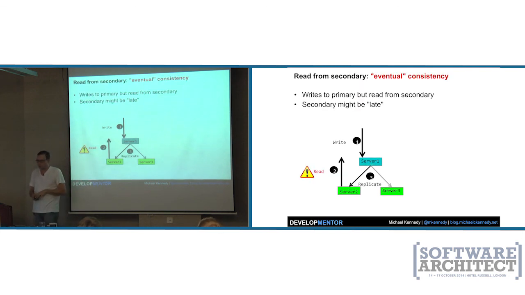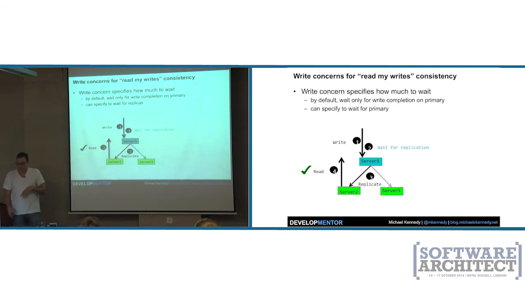If you turn it to read from secondary and you don't do anything else, you might write here and then immediately on the postback read from here, and then 100 milliseconds later it replicates over here, but it's too late. Your little review is gone, and you're mad at Amazon.com or whatever. Okay, so that's a real concern.